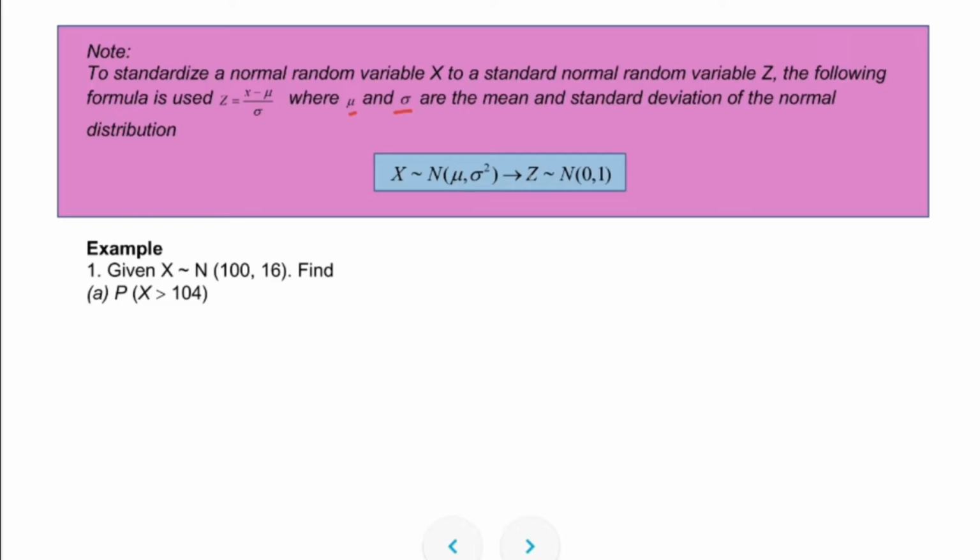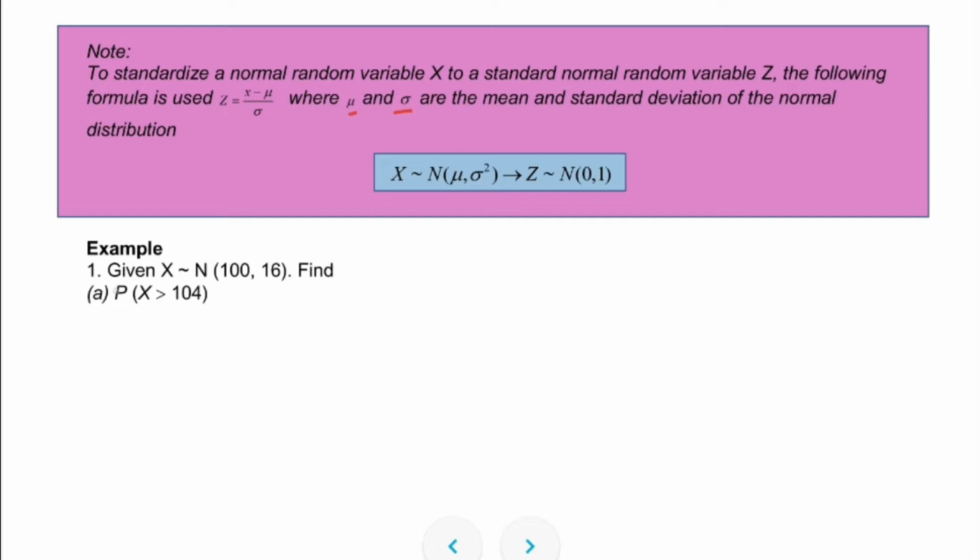So we need to change to the standard normal random variable z, where the mean is 0 and variance is 1, because these are the only mean and variance that we can read from the table, from the statistical book.